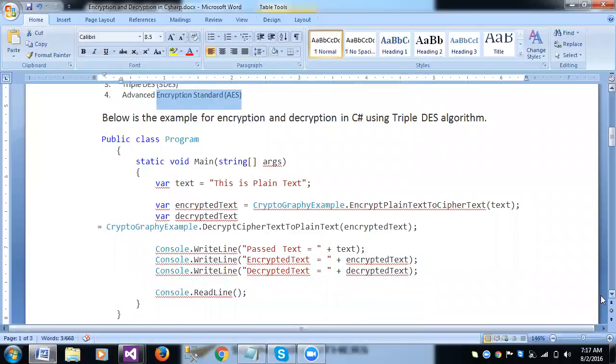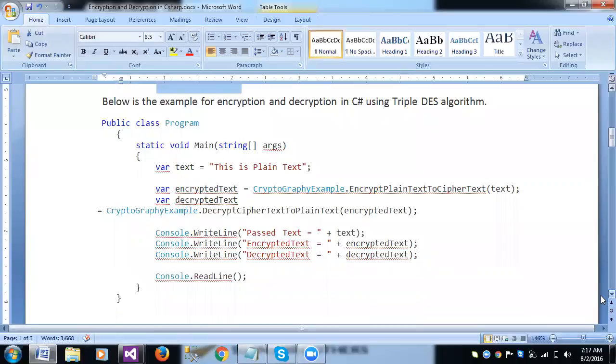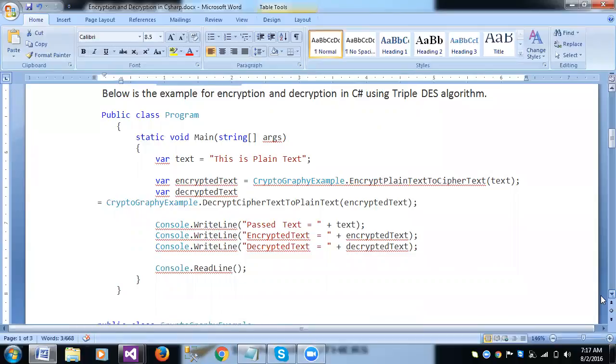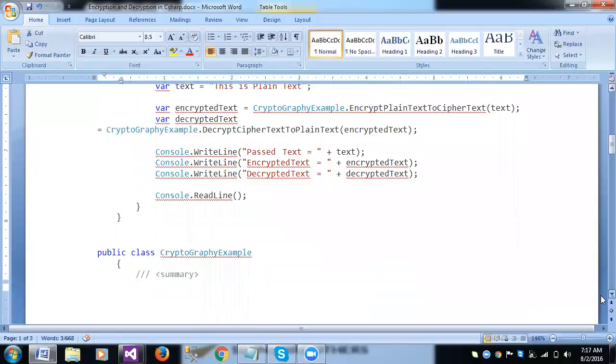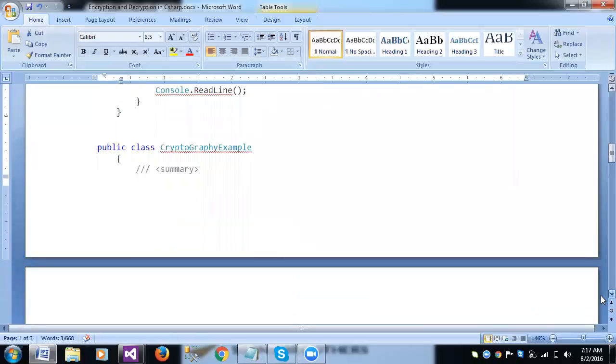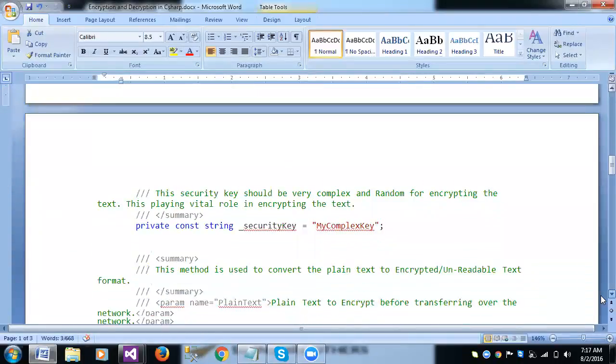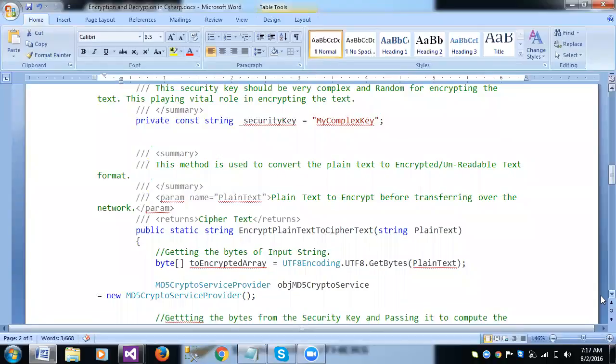Always remember, whenever we apply any encryption standards, they come from the System.Security.Cryptography namespace. For this we need to write two methods: one for encryption and another for decryption.